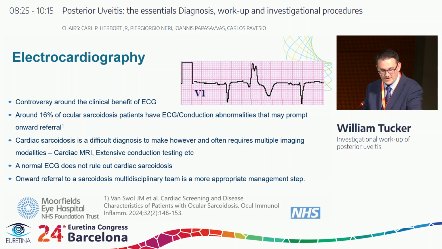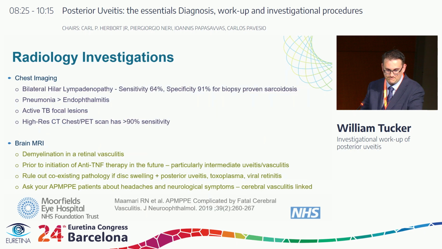They do cardiac MRIs, they do extensive conduction testing, and so of course a normal ECG doesn't rule out cardiac sarcoidosis. So the most appropriate management step with a sarcoidosis patient is to refer them onwards to a multidisciplinary team who can do some of this testing guided by other factors.